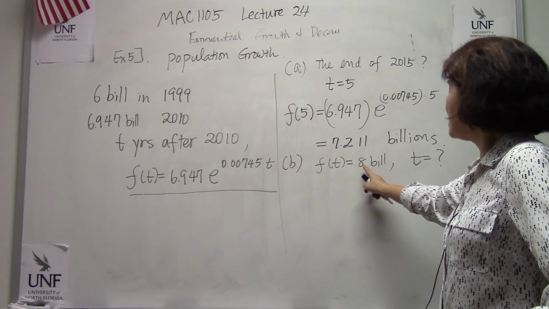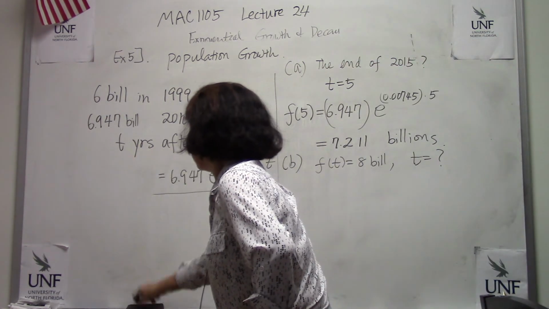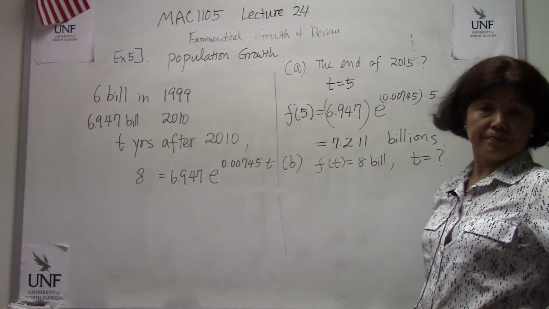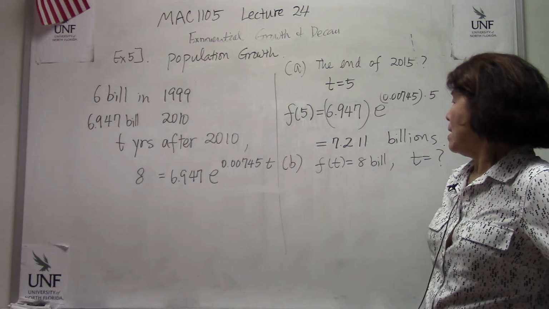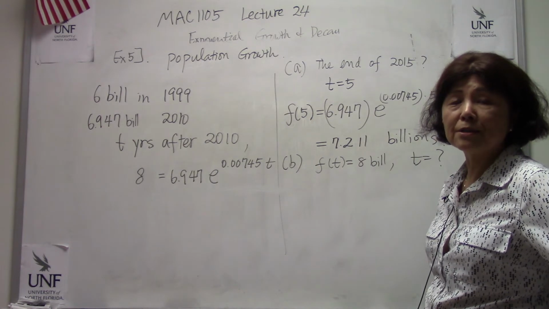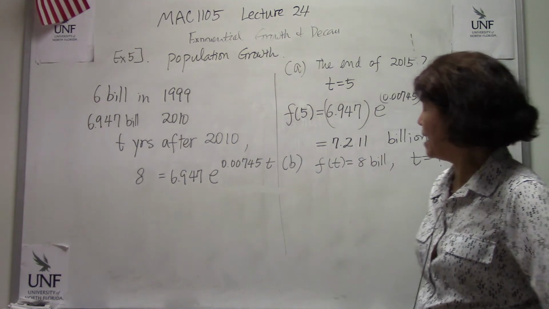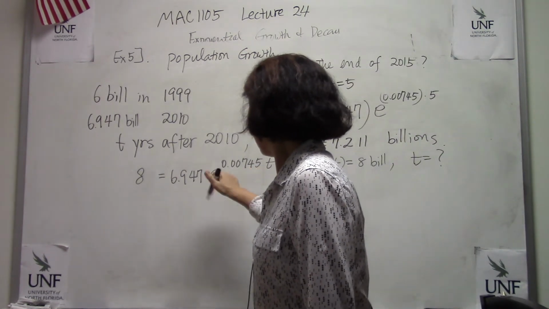F of t is 8 billion, so go over here, put 8 billion, and we are going to solve for t. Did the whole human population reach 8 billion? Not yet. Okay? Not yet. So let's see over here how we are going to do it.